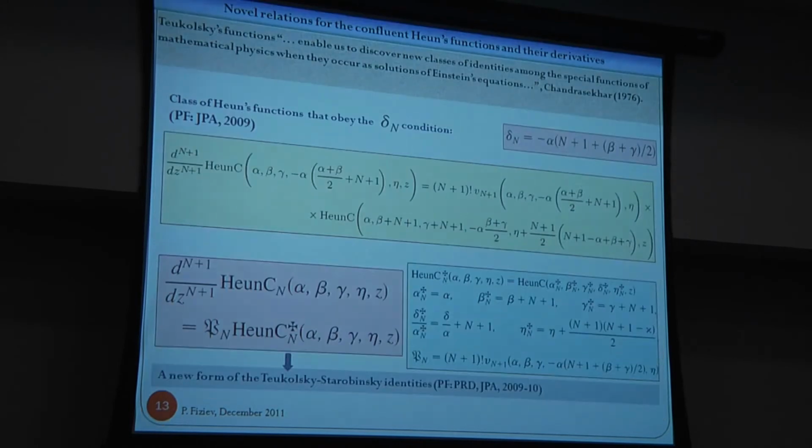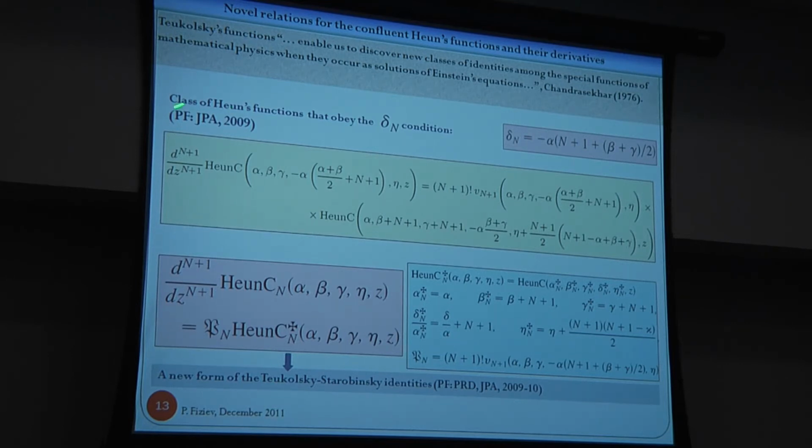Okay, let's go. It is quite curious, and I was forced to develop somehow the theory of confluent Heun functions because they have some very interesting properties.